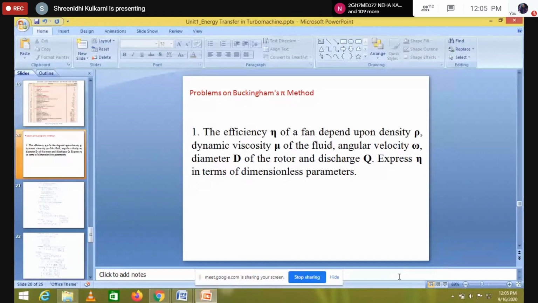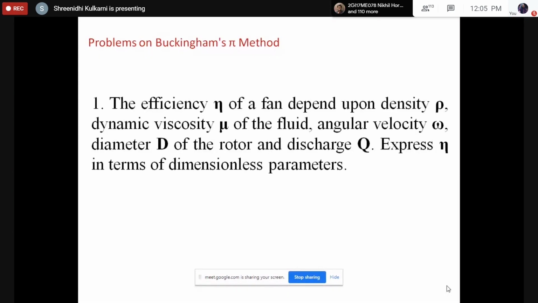So this is the problem. Just note down this problem. The efficiency of a fan depends upon density rho, dynamic viscosity mu of the fluid, angular velocity omega, diameter d of the rotor, and discharge q.